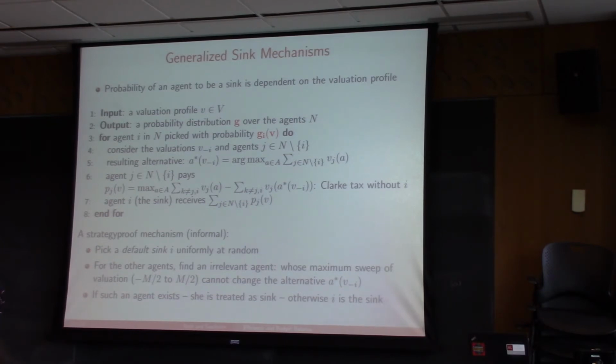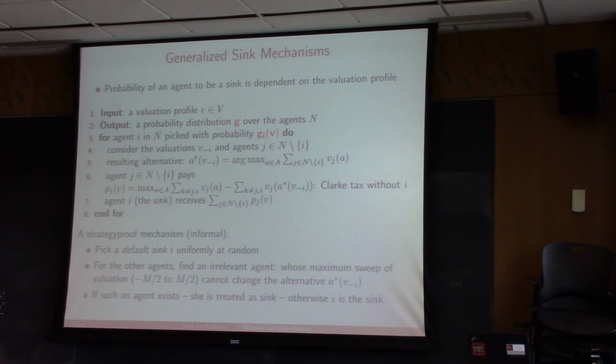Suppose even if he could flip his valuation, currently, without that agent, I am going to choose A. Even if he changes his valuation from minus m by 2 to plus m by 2 for that A, still the outcome is not going to change, because the sum valuation is already more than that. Then I can choose that agent as a sink because he will give me 0 regret or 0 inefficiency.